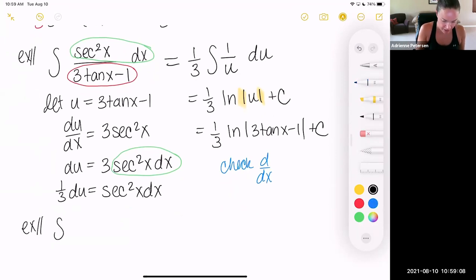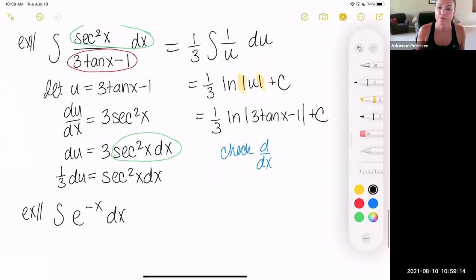How about the antiderivative of e to the negative x dx? So in the chat box, tell me, what should I let u be?